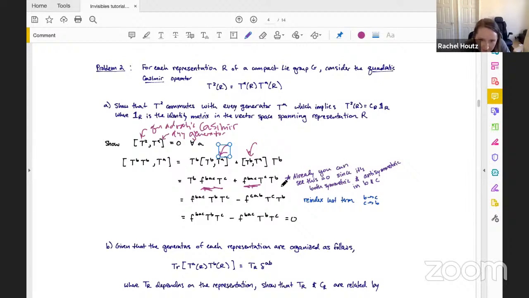All right, so already in this line, you can see that this expression should be 0, right? Because it's anti-symmetric in B and C, because these structure constants are anti-symmetric, but it's symmetric in, okay. So it's both symmetric and anti-symmetric in B and C, although now that I'm looking at it, it doesn't quite look that way. But let's just reindex it to really check that that's true. So one second.